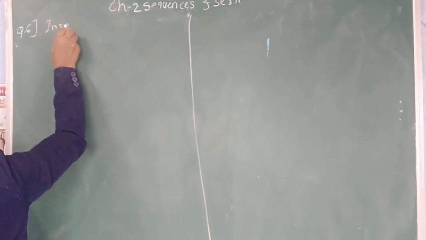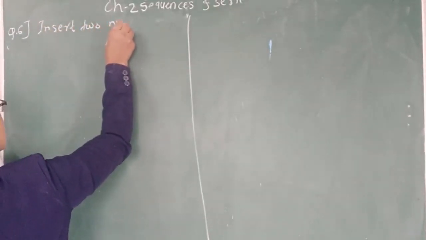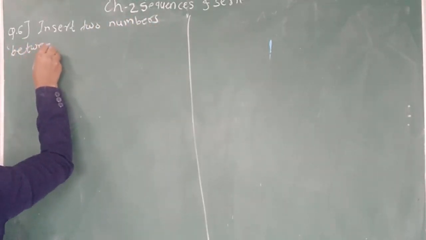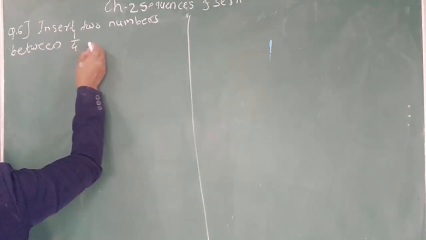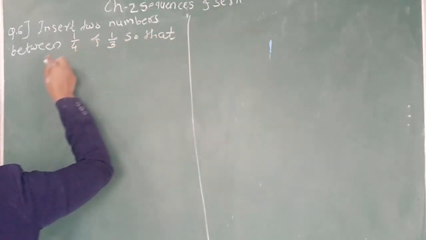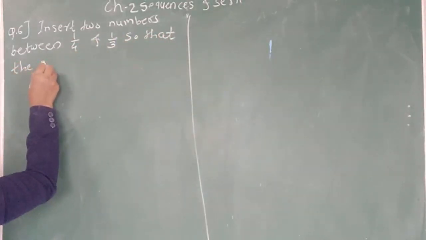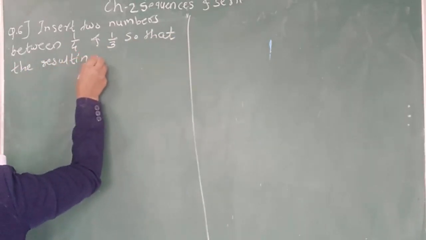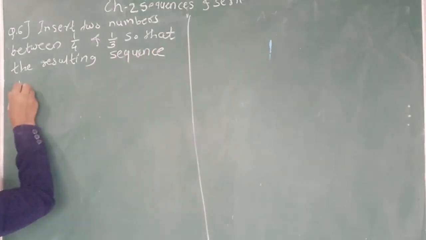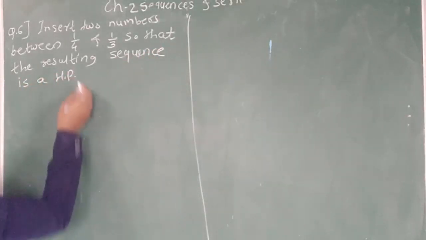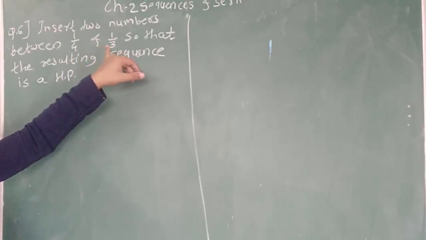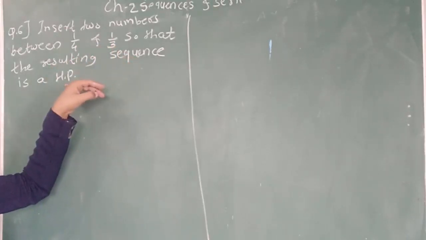Now question number 6. Insert two numbers between 1/4 and 1/3 so that the resulting sequence is an HP.